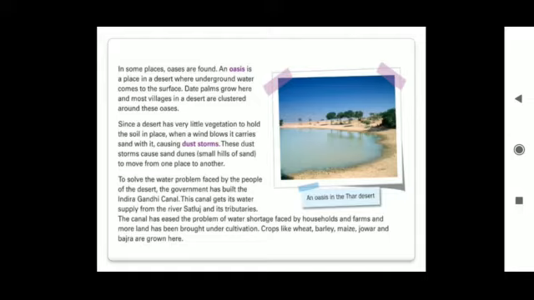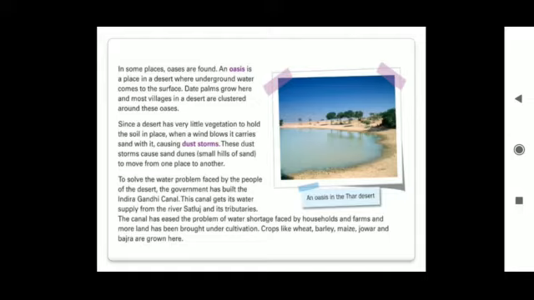Now, as you all know, people living in the desert area will always have water shortage. Scarcity of water problem is there. Now, to solve the water problem faced by the people in the desert, the government has built the Indira Gandhi Canal.